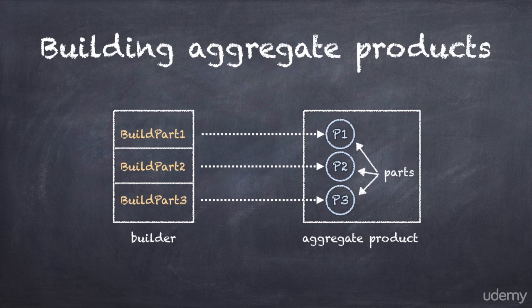The idea is that different types of builders can create different products by adding different combinations of parts. So in this setup, the product represents pure data, and the builder represents the construction process, and the two are kept strictly separate.